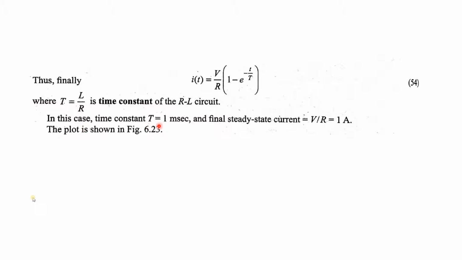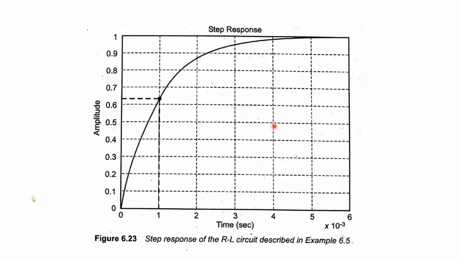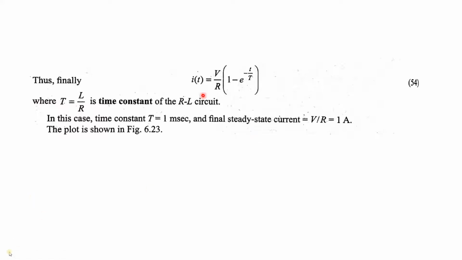In this case the time constant T is 1 millisecond and the final steady state current will be V by R. If you plot this graph, e to the power minus t by T is exponentially decreasing.